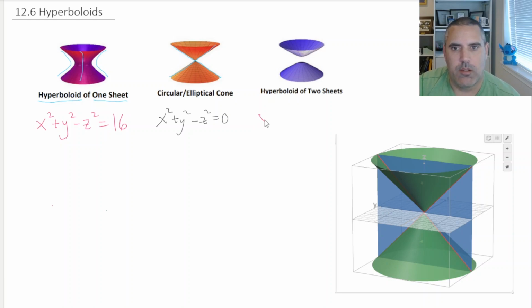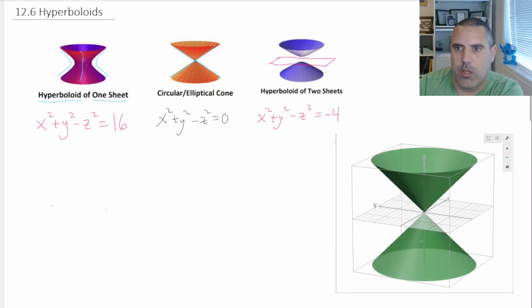Okay, last one. If I say x squared plus y squared minus z squared, and the other side's a negative, like -4, then it breaks apart. It doesn't make sense when z is 0. You can see that when z is 0, there's nothing. So let's do that. So now I'm going to make k -4. They break apart.